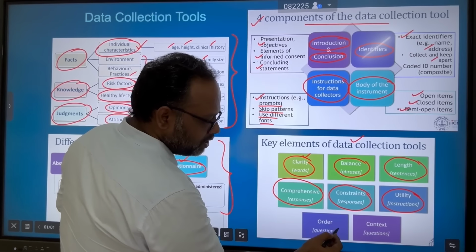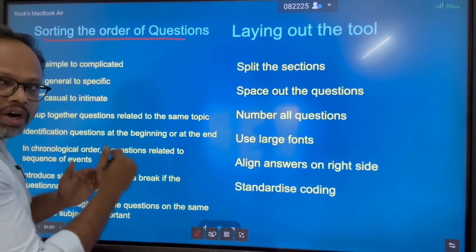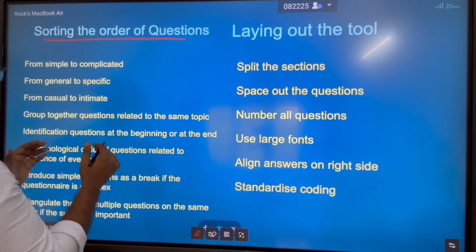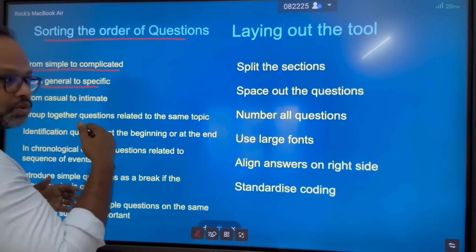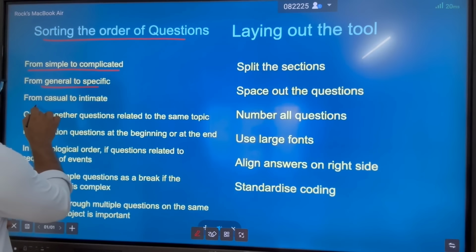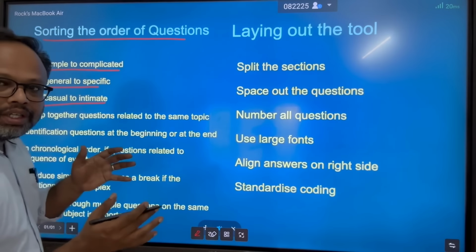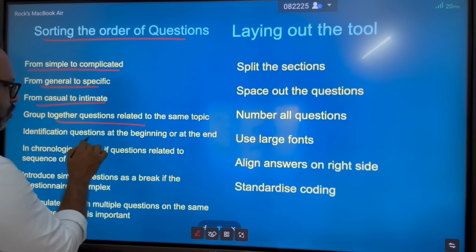Then we have to consider the order and context of the questions. When we are sorting out the order of the questions, which we should ask first, we should follow the following principles: from simple to complicated questions, from general topics to specific topics, from casual questions to intimate questions. Then we should group together all the questions related to a particular topic, and have the identification questions at the beginning.